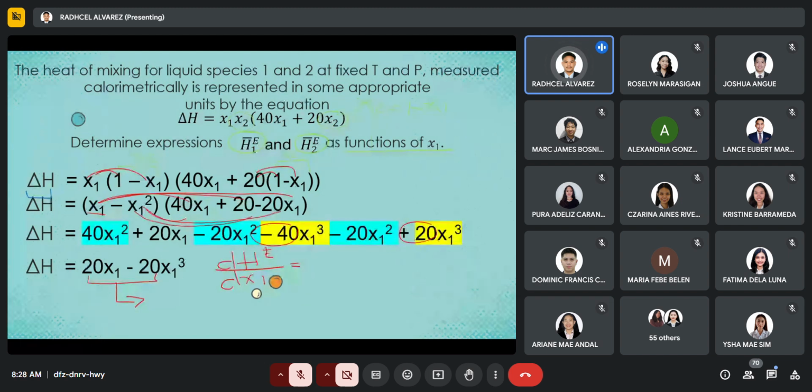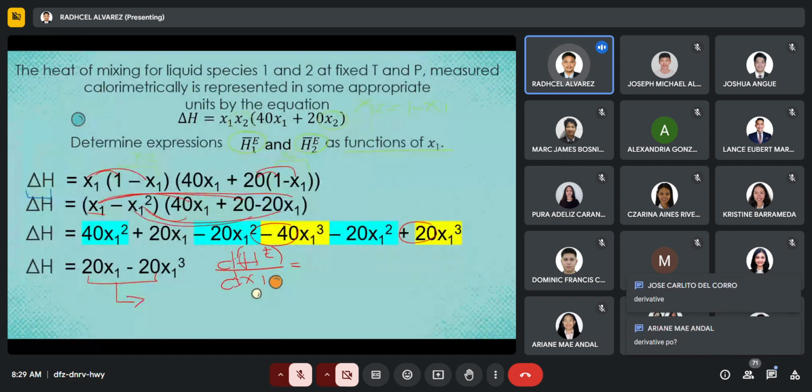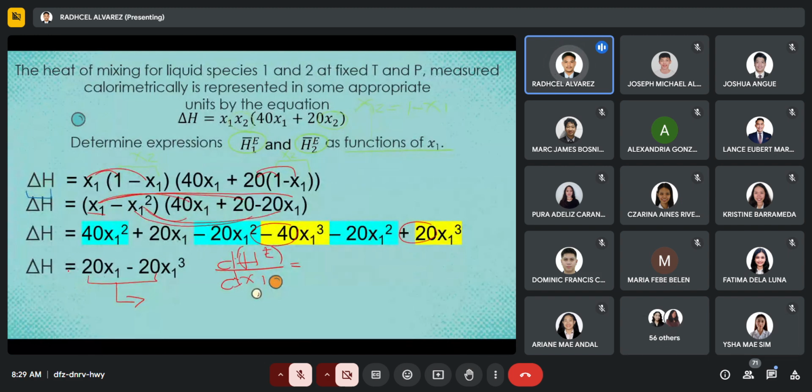Para makuha natin itong DHE, ano kayang gagawin natin? Anong tawag doon? Anong process ang gagamitin natin para magkaroon tayo ng DHE? Okay, very good. That is derivative. So, i-derivative natin itong ating delta H.